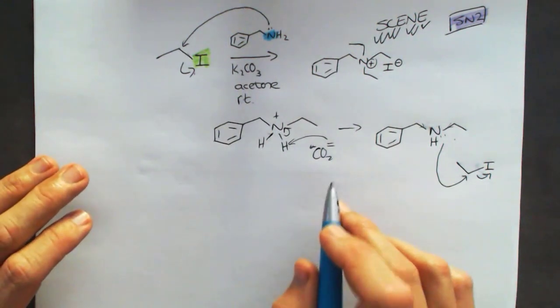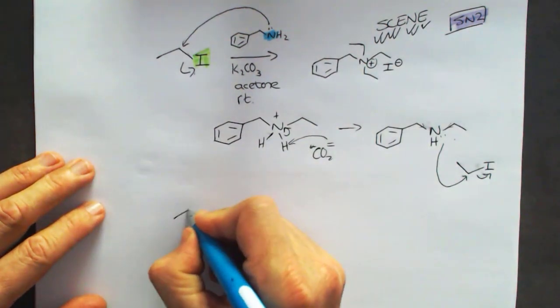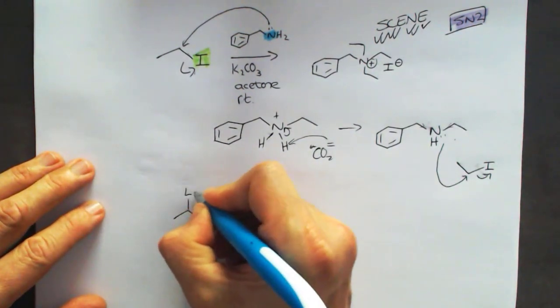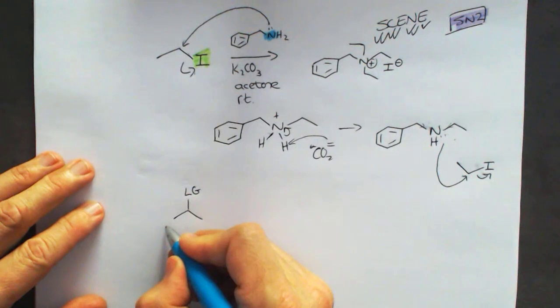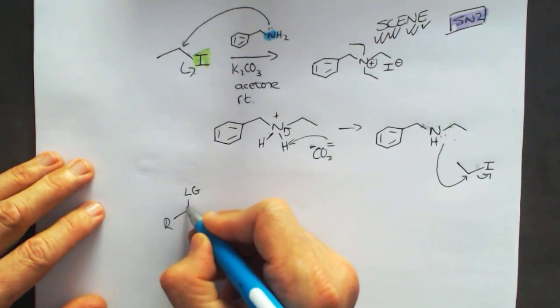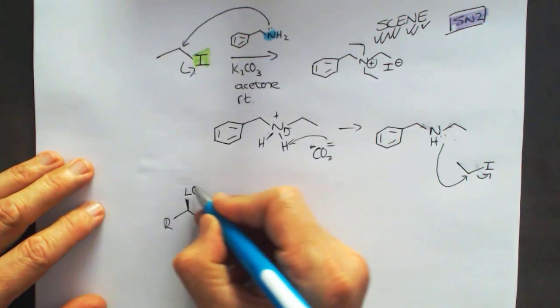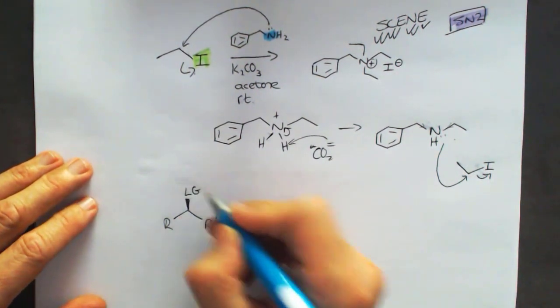What is more likely to work, though, is when you react an amine with a secondary leaving group. So if we've got a secondary leaving group, R and R1, so here the leaving group might actually be, this would be a chiral sort of leaving group. So that could have been bromine or iodine, anything we've had before.